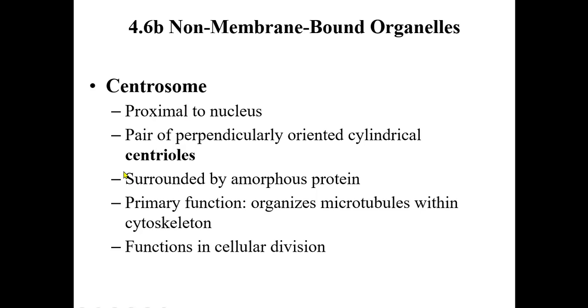There's centrosome, and I mentioned centrioles, and I told you that centrioles are part of cell division. They actually make the spindle fibers for the chromosomes to separate on. So if you've ever seen a picture of mitosis, metaphase, anaphase, telophase, well, that cell division requires centrioles to form spindle fibers where the chromosomes can be separated.